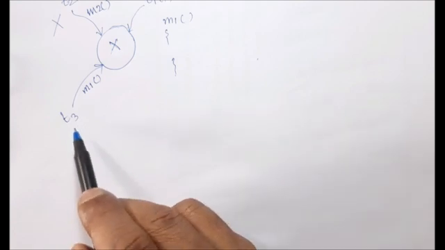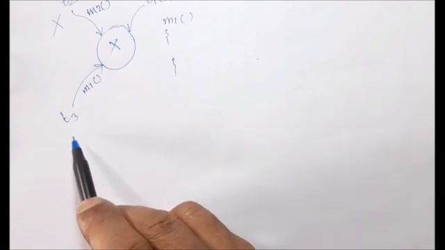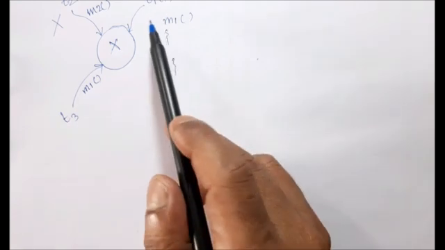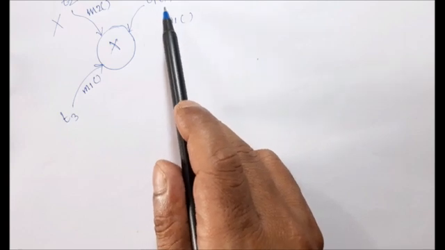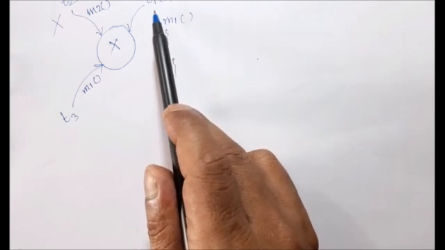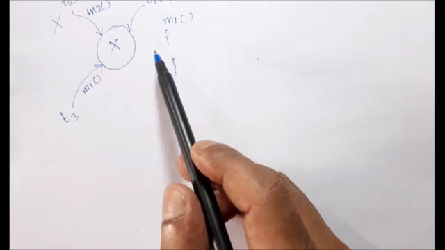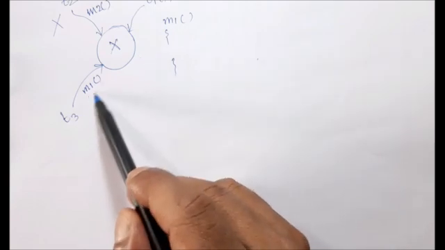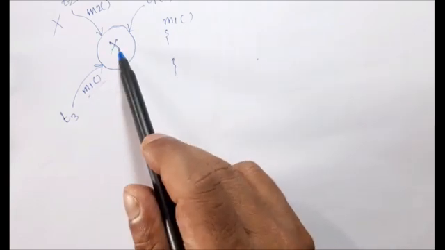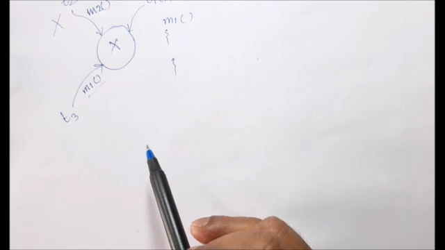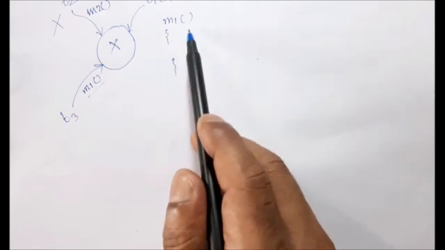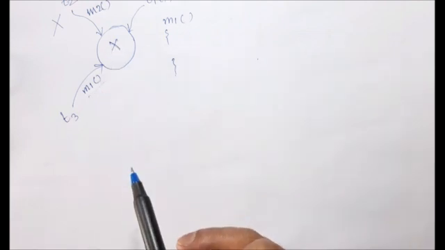No, it will not be accessible by thread T3 also, because this lock is already occupied by T1 thread, and T3 wants to access the same M1 method, but it will not be able to execute because the M1 method belongs to X object.